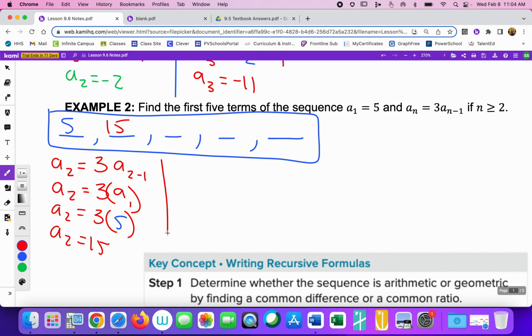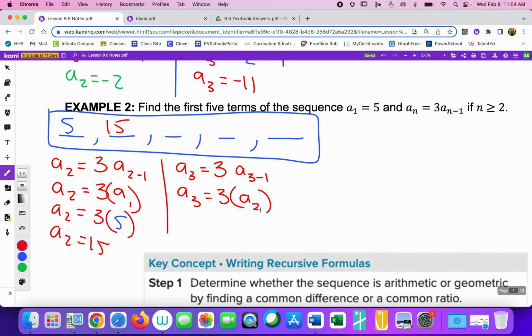I'm going to do one more, at least, if not all of them. So if I find the third term, I do 3 times the term 3 minus 1, which would be which term? So 3 minus 1 is 2. It's 3 times the second term.